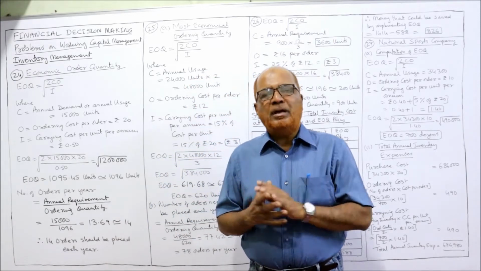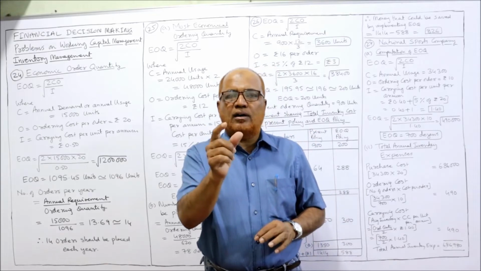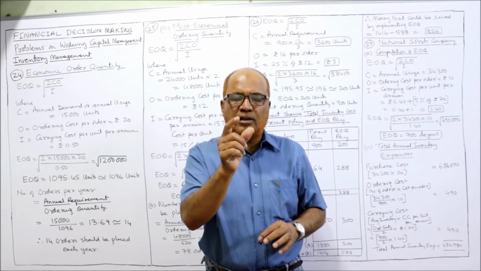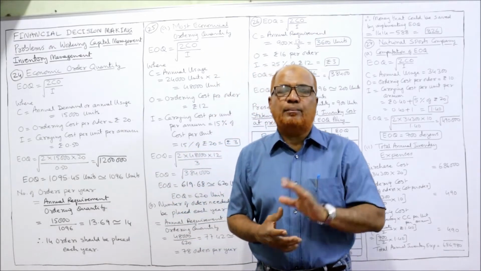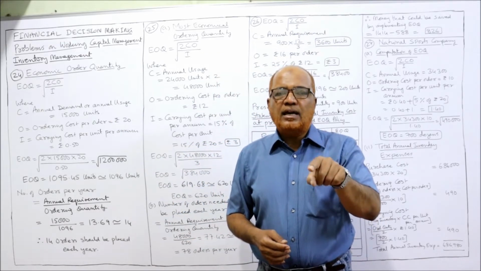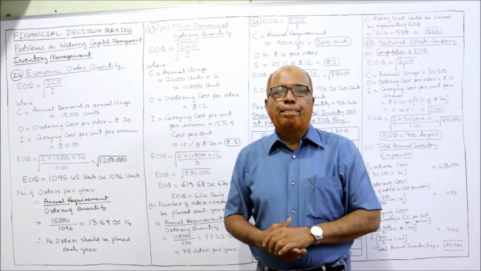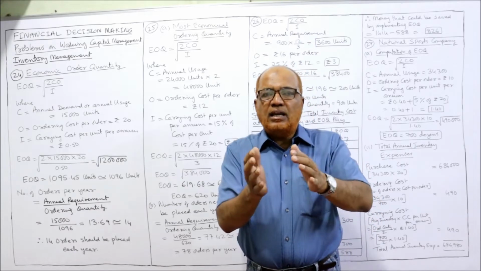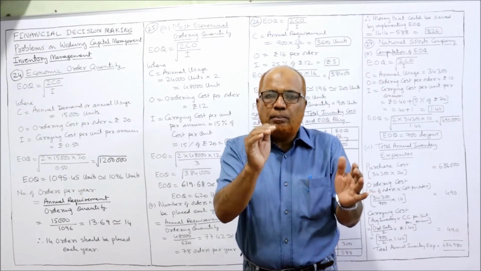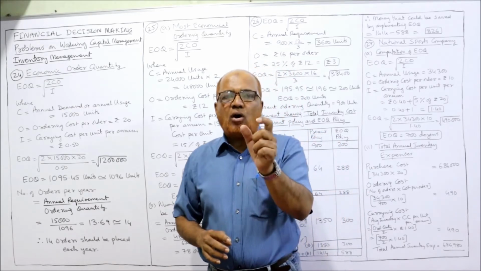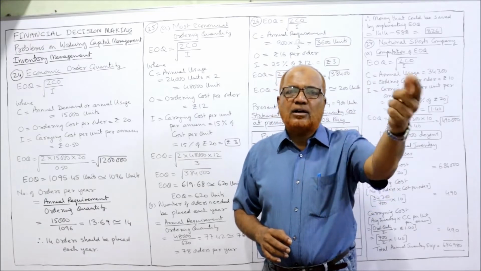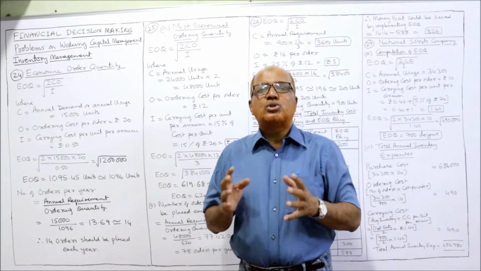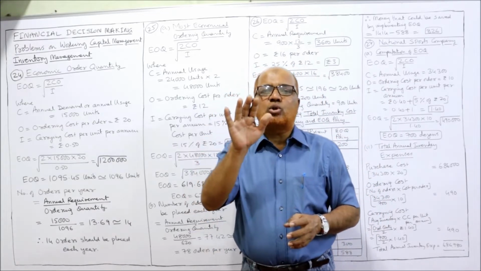Economic order quantity means that quantity, that number of units to be ordered from the supplier each time, so that the inventory cost should be minimum. The objective is that the investment in inventory should be minimum. So what is the ordering quantity to be followed every time when we place an order with the supplier, so that the inventory cost should be minimum?